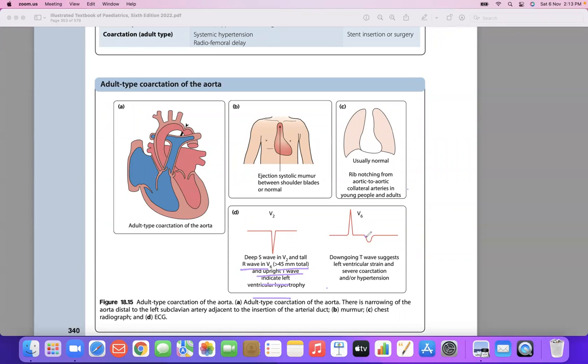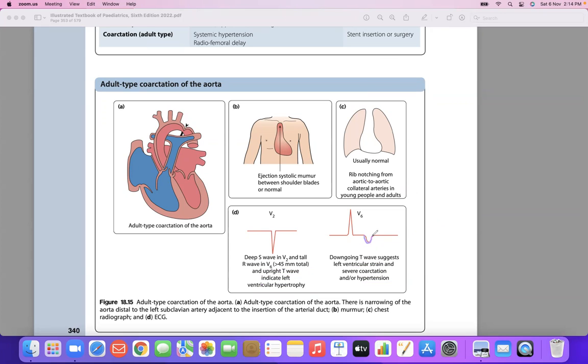So here, whenever in V6 there is a down going wave, it's like a left ventricular strain pattern. And they can also have ST depression and T wave inversion, like an ischemic pattern as the strain pattern. Down going T wave suggests left ventricular strain or severe coarctation or hypertension.